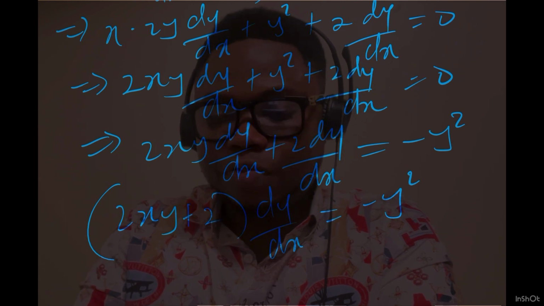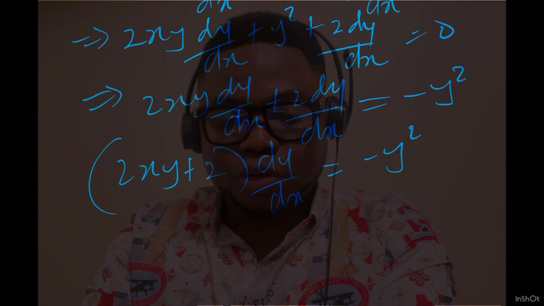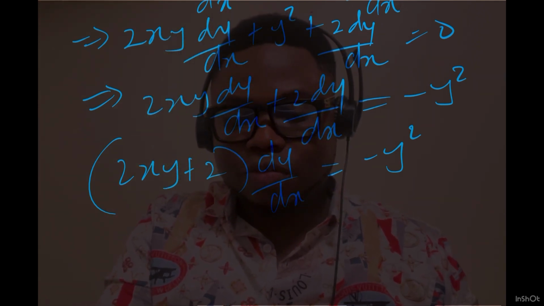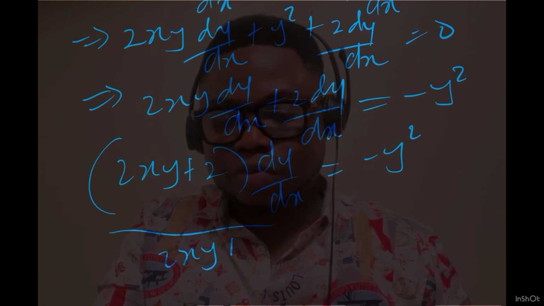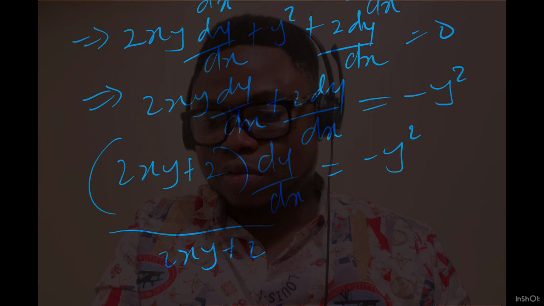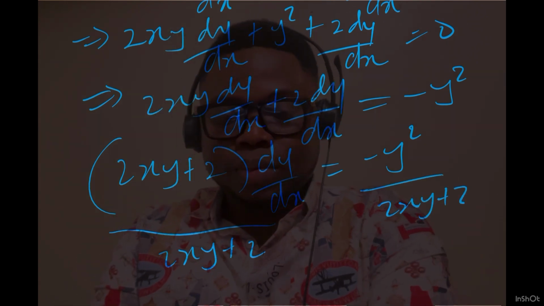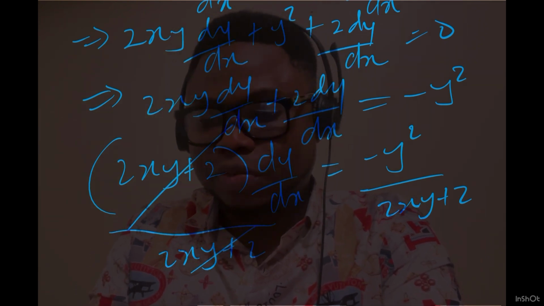So to find the value of dy over dx, I'm going to divide across with the coefficient, which is 2xy plus 2. So dividing across with the coefficient 2xy plus 2, the 2xy plus 2 is going to cancel out.